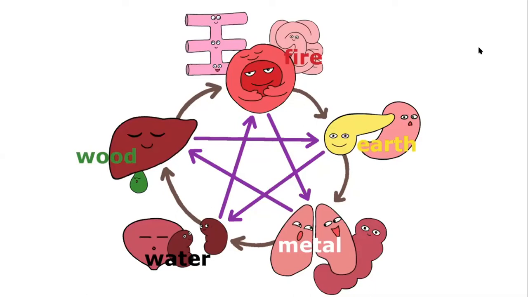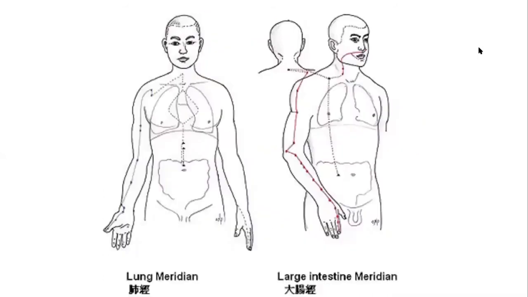I just want to give you the visuals. Lung and the large intestine. The dotted lines just show the internal connection of the channel.